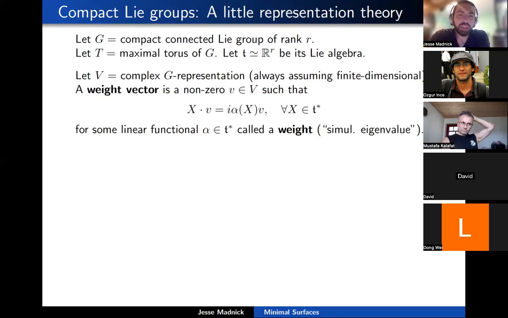The point is that x, which, oh, that's a typo, x should be in little t, not little t star. Sorry about that. So for all x in little t, its action on v is by a scalar multiple, but that scalar multiple depends on x.